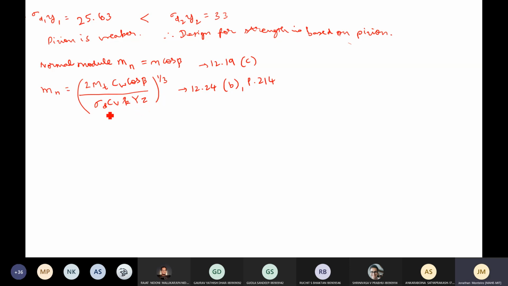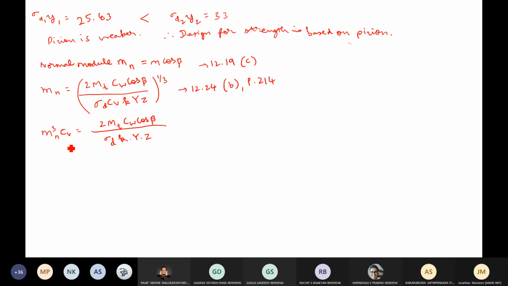Let me write the adjusted equation now. Adjusted means you cube on both sides, and you get mn cube into Cv over sigma d into k into Y into Z. Why did we take out Cv? It is very similar to what we did for spur gears. Cv depends on velocity, and velocity depends on the diameter.